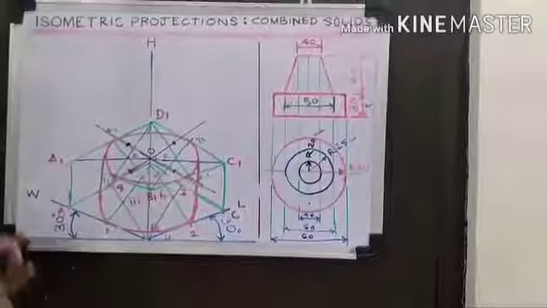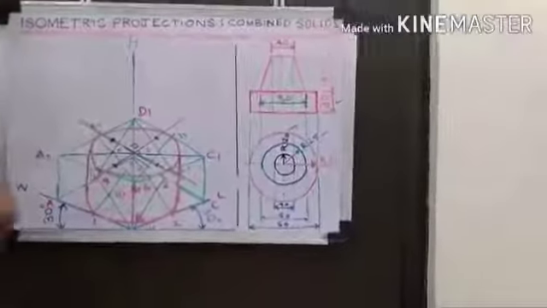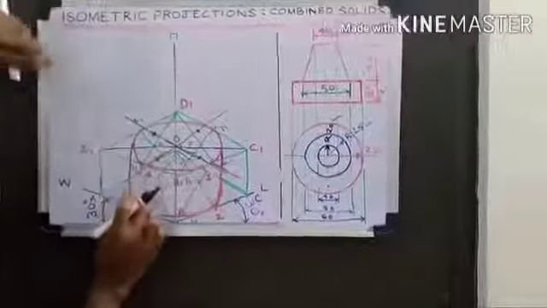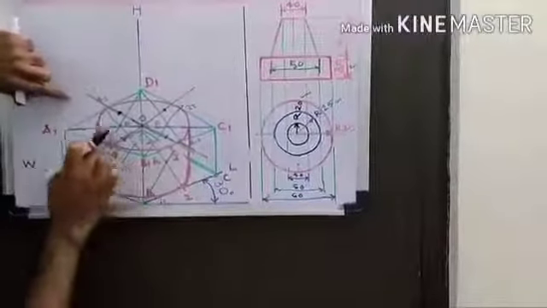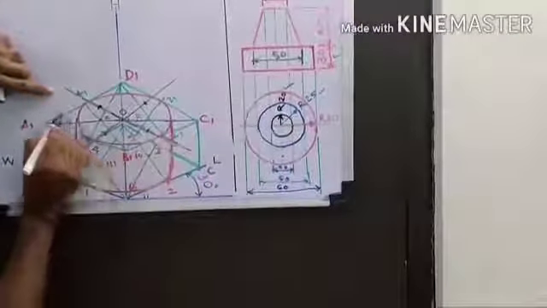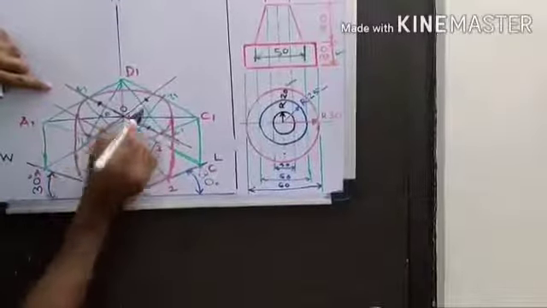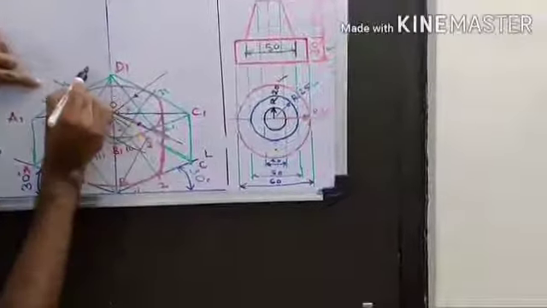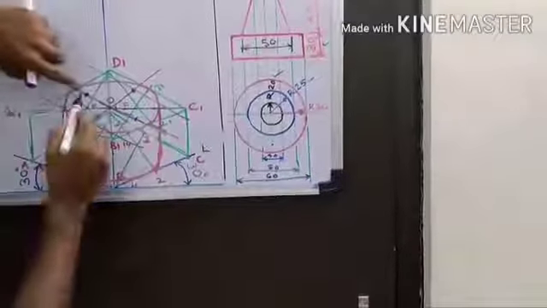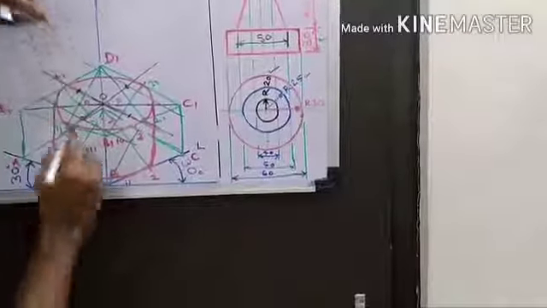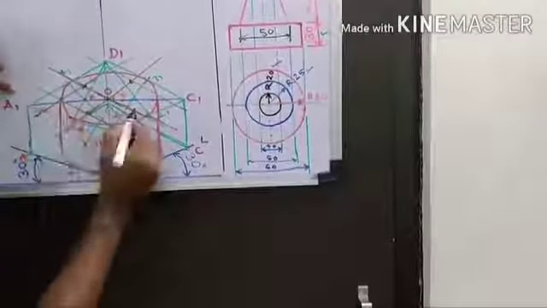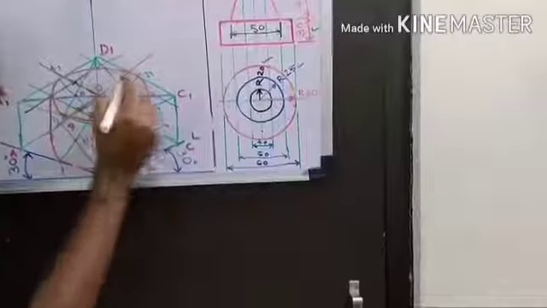After getting this information, passing through this point, draw a parallel line to D1C1. Passing through this point, draw a parallel line to D1C1. Now passing through this point, draw a parallel line to A1D1.